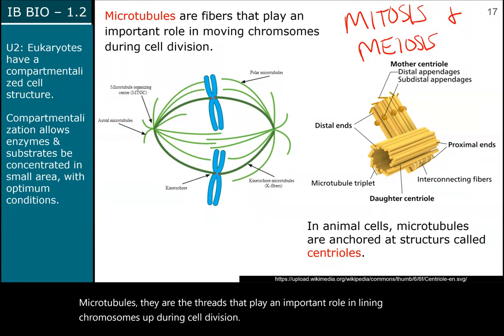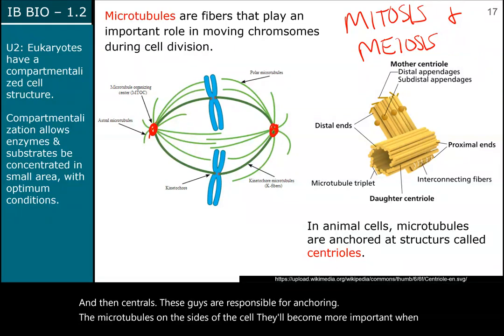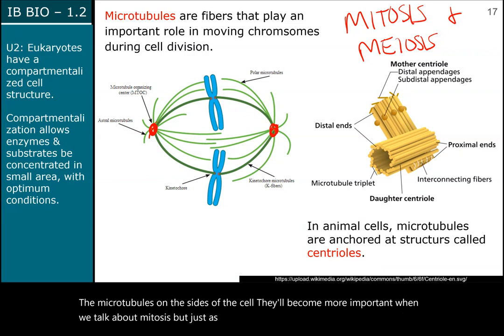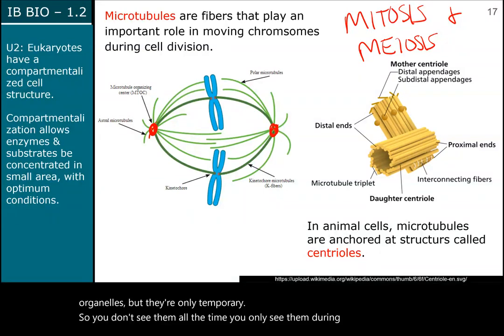And then centrioles, these guys are responsible for anchoring the microtubules on the sides of the cell. They'll become more important when we talk about mitosis, but just as a review, these things are important organelles, but they're only temporary. So you don't see them all the time. You only see them during mitosis or meiosis.